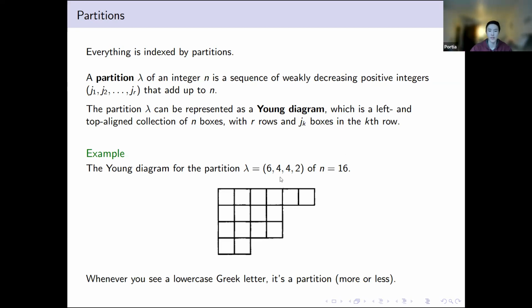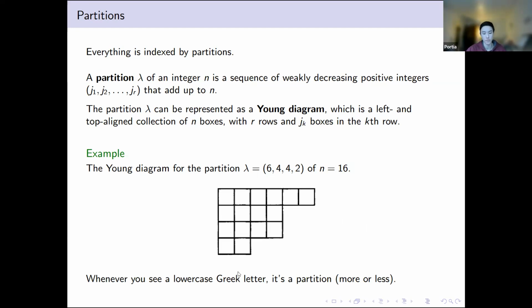This example shows how you can correspond the Young diagram to the most usual way of expressing a partition. We have 6 boxes, then 4 boxes, then 4 boxes, then 2 boxes. So that is the Young diagram for that partition.